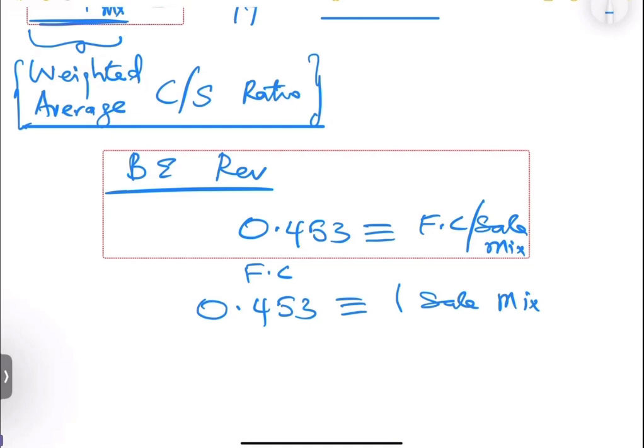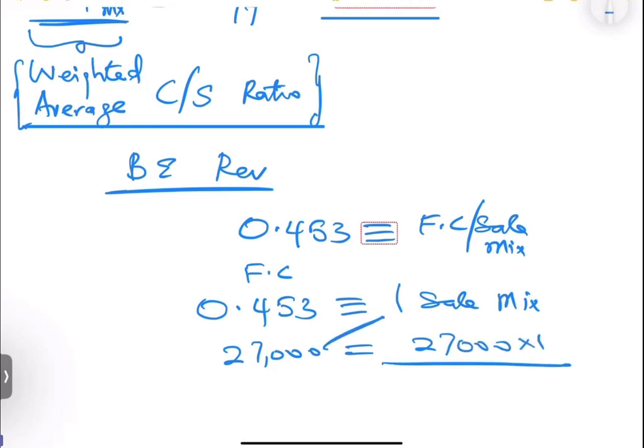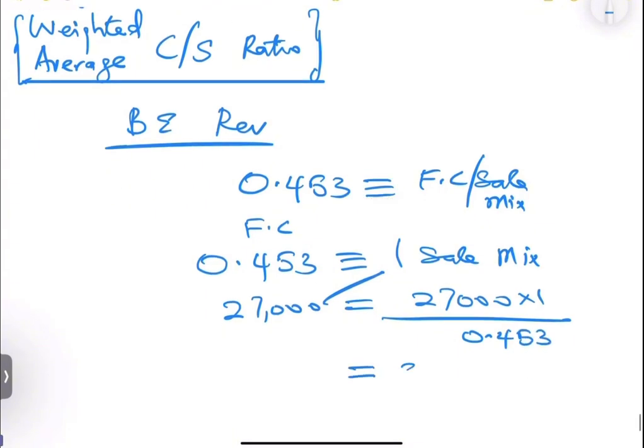So one sale mix is equivalent to that 0.453. And now we want to know how many sale mixes will give us 27,000. And we use the same cross multiplication, times 1 divided by 0.453. And that will give us $59,603.